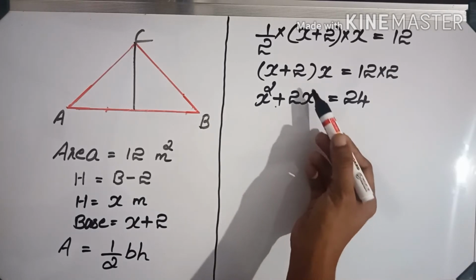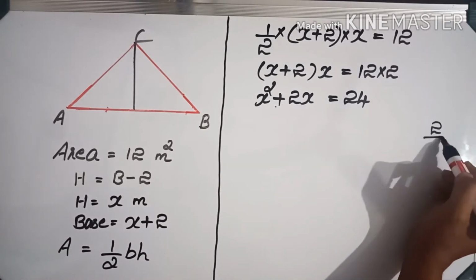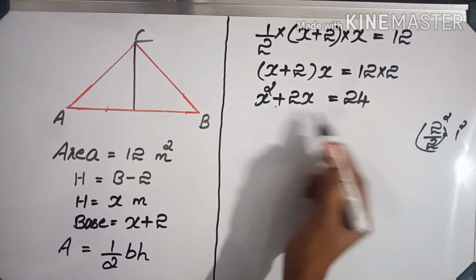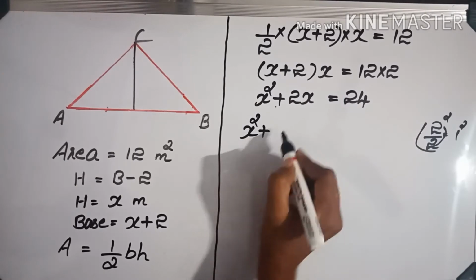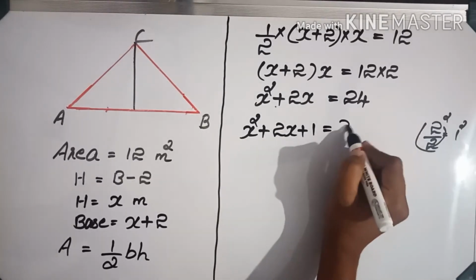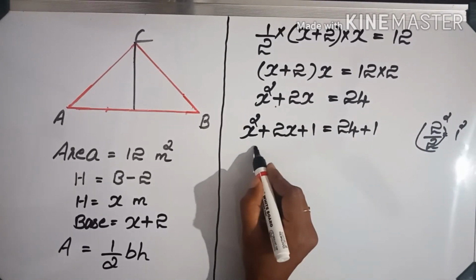By considering coefficient of x, that is 2, then its half, that is 2 by 2. 2 by 2 square. 2 by 2 is 1, that is 1 square. We need to add in these two sides, that is x square plus 2x plus 1 equal to 24 plus 1. So simplified form is what?